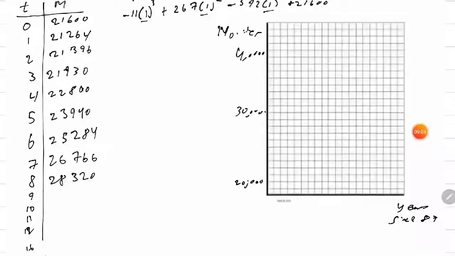The reason why we're starting around 20,000 is because most of our values start above, well, it does start above 21,600. And you'll probably get something that hopefully kind of looks like that. Maybe something more like that.